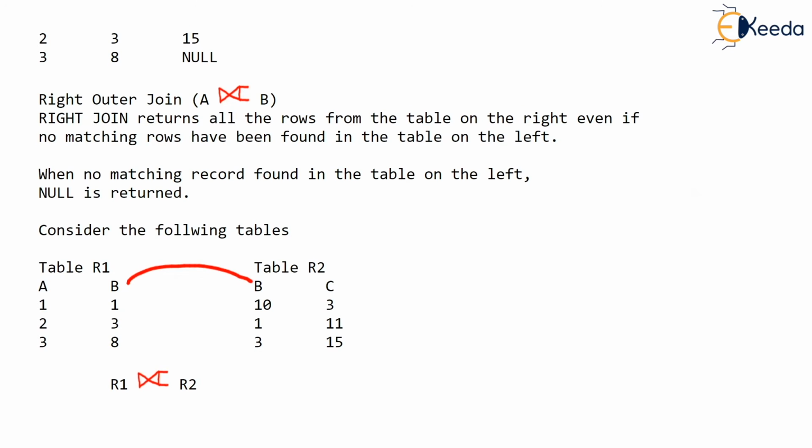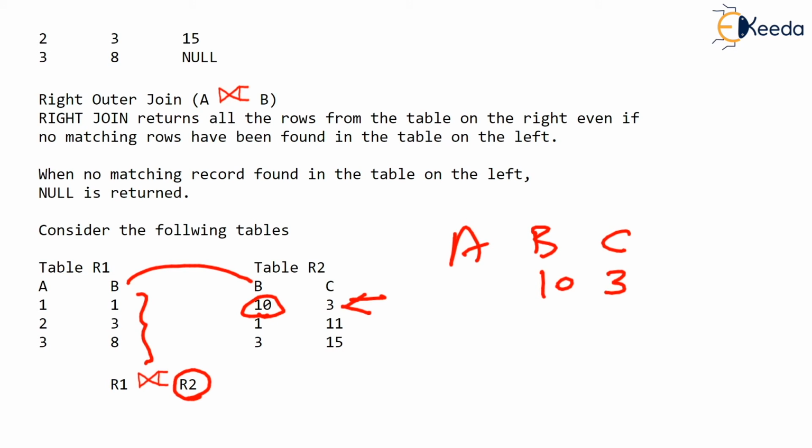So what will be the right outer join? Remember R2 is on the right hand side over here. So it's better that we check from R2's perspective. Is the value of B matching anywhere in this right hand side? No. But then you remember among A, B, C in the result, 10 and 3 should be shown, the right hand side values, and A will be null.